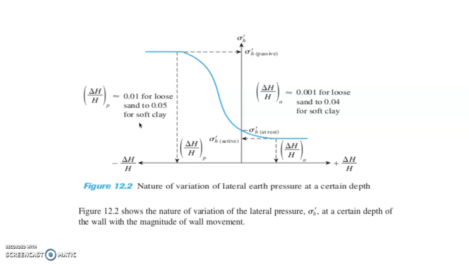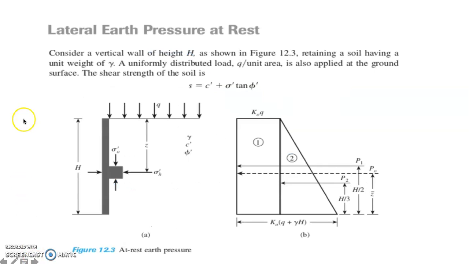Two different types of soil were illustrated, and we have illustrated the variation of the lateral earth pressure at a certain depth. The first is the lateral earth pressure at rest.